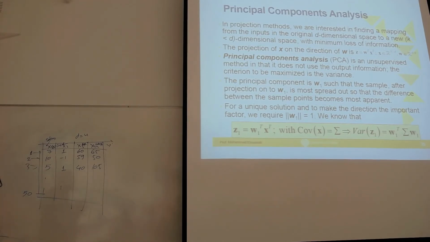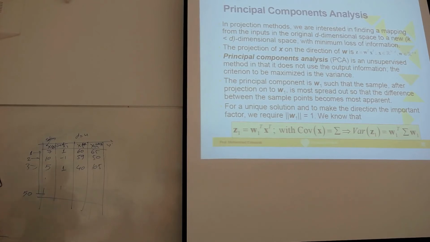In these slides, we are going to explain principal component analysis in detail. Principal component analysis is one of the most important techniques, in many applications, not only in data reduction, but it has many other applications as well.